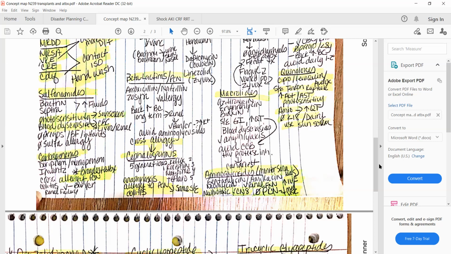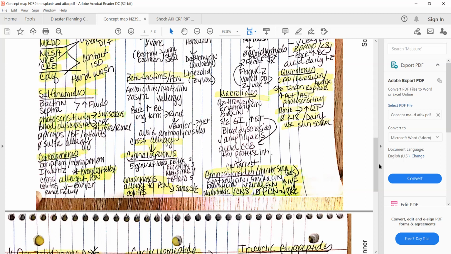It's usually first line for patients that can't take penicillin. So you can't take penicillin, you're getting a macrolide. Very often when patients say they can't take a penicillin-allergy antibiotic, guess what they give them? Erythromycin. And it's safe in kids. Kids get erythromycin all the time.